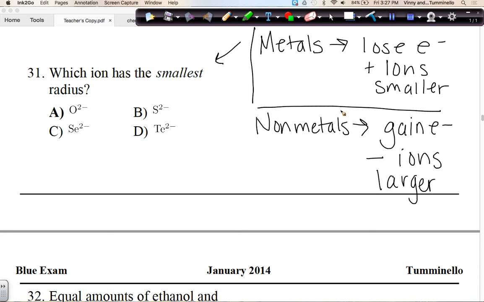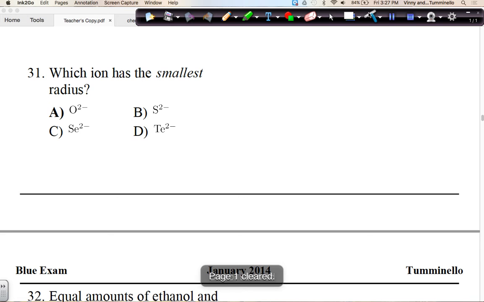that they came from. So one of the things we're going to need to look at when deciding whether these ions are the smallest or the largest is the periodic table. All of these are -2 ions. Since each one is a -2 ion, that means that they each have gained 2 electrons.